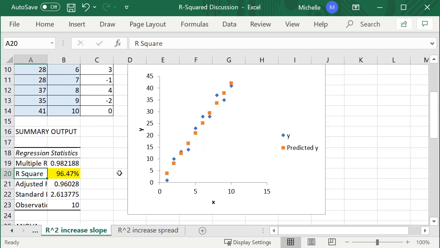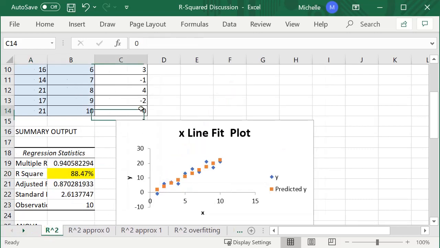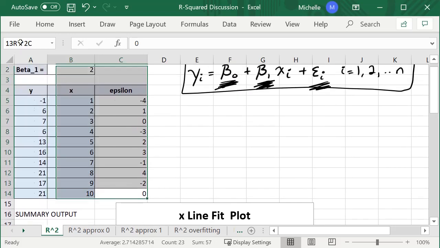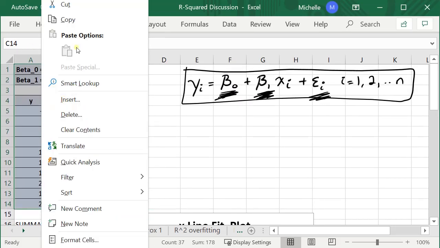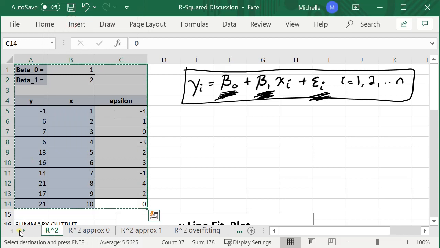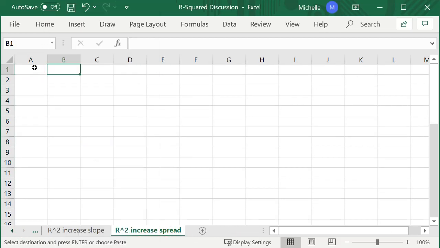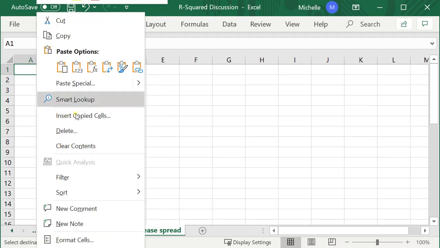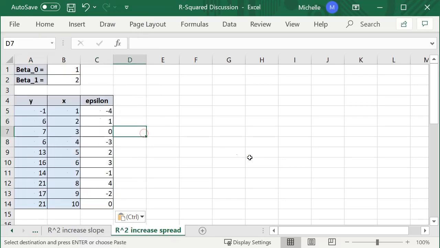Okay. All right, the last limitation I want to talk about for r squared is increasing the spread. Let me go ahead and highlight my data one more time, copy it, and paste onto the last sheet here. What happens to r squared when you increase the spread?